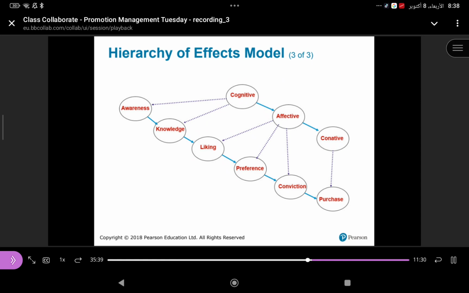You'll have some preferences. You will gain some positive feeling about one brand. And finally, you will purchase that brand. So in all, there are steps starting up to the connotative, which is actual purchase.